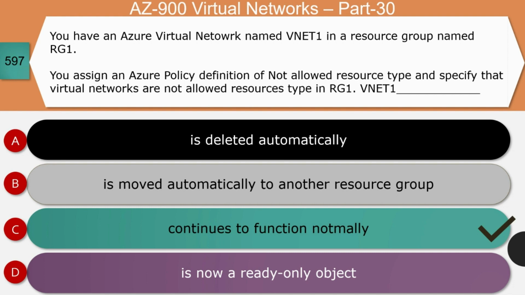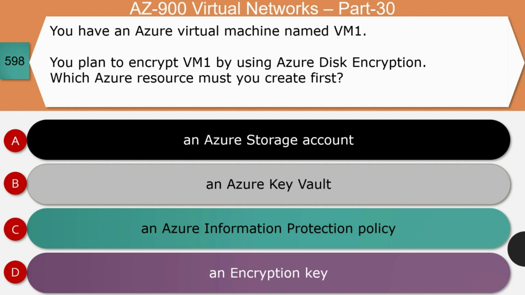If there are any existing resources that are not compliant with the new policy assignment, they appear under non-compliant resources when you see the status using the Azure portal. So option C is the right answer.